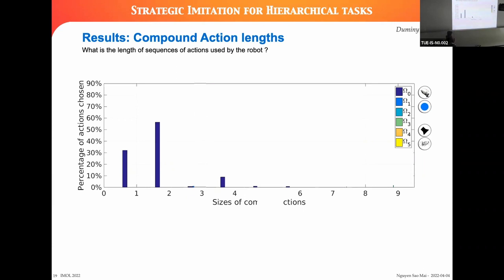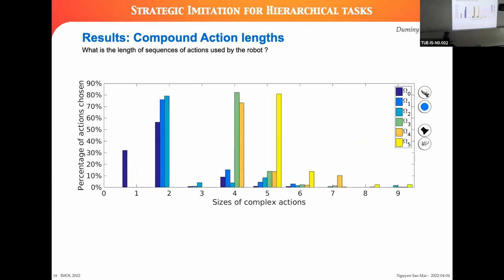So this is the most simple task, and it uses short actions. And if we look at the other task, let's say the yellow one, which is making a longer tune, you can see that mostly it uses actions of length 5. So it was able to know that this task is more difficult, and therefore it needs more actions before solving the task.